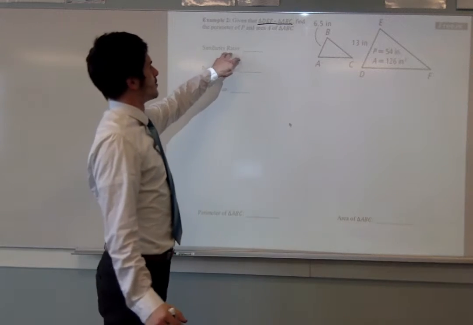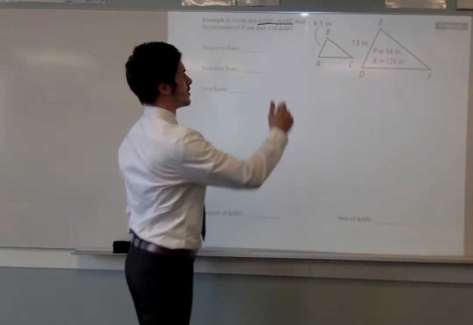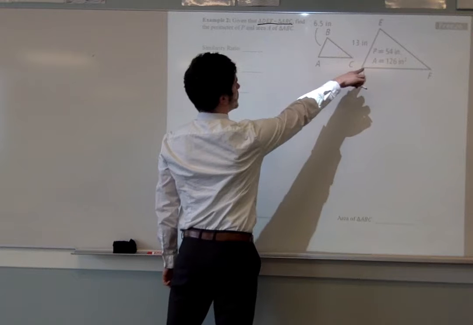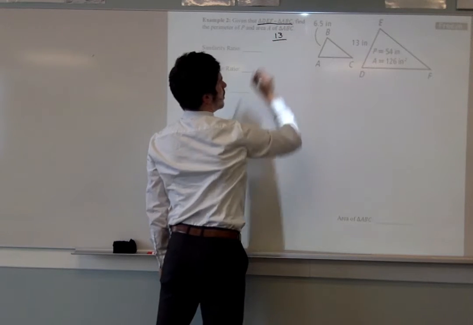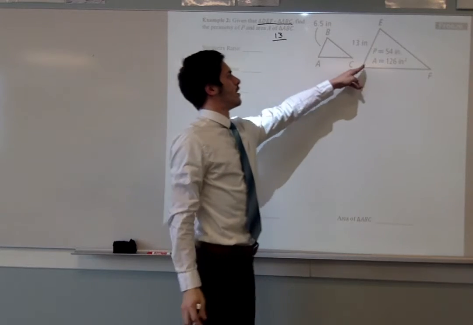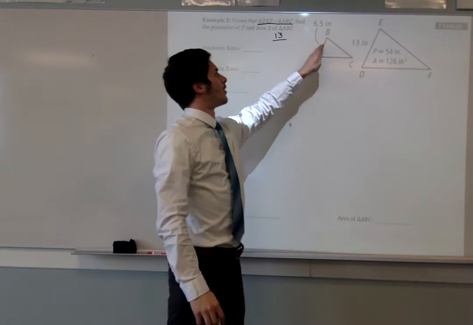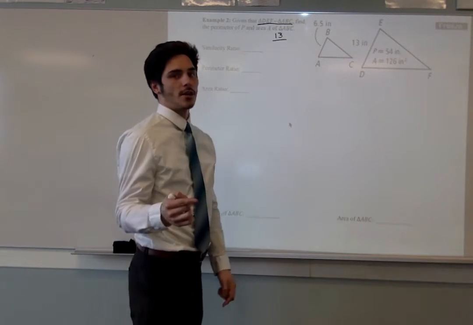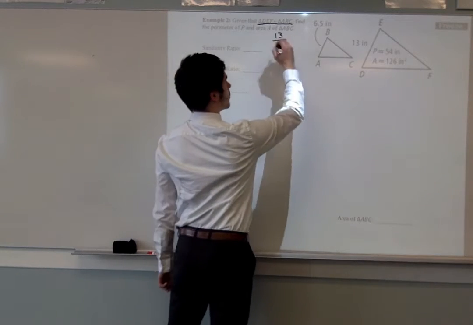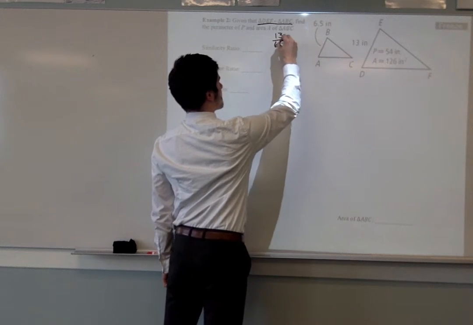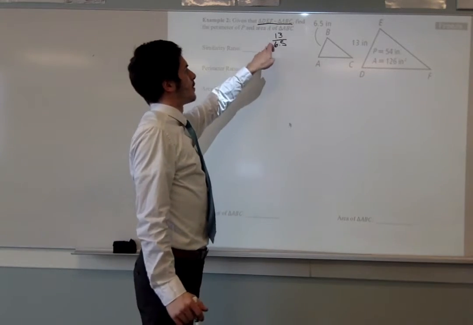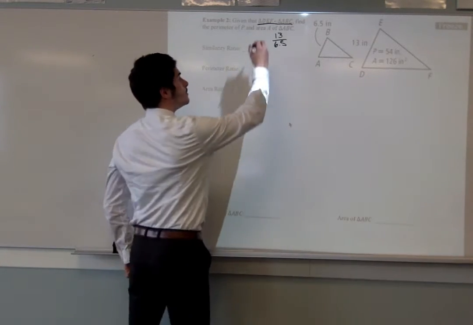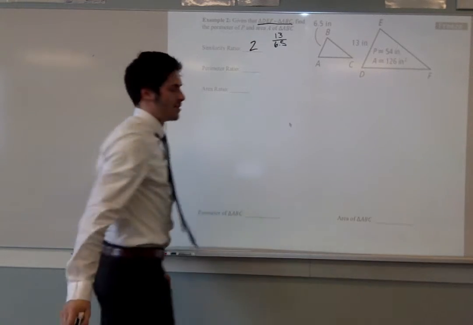And so to find the similarity ratio, we can use proportions, and we'll use a length from DEF, and we'll set that over the corresponding length from ABC, which is going to be 6.5. Maybe y'all know this off the top of your head, but 13 divided by 6.5 is going to be 2. So the similarity ratio is 2.